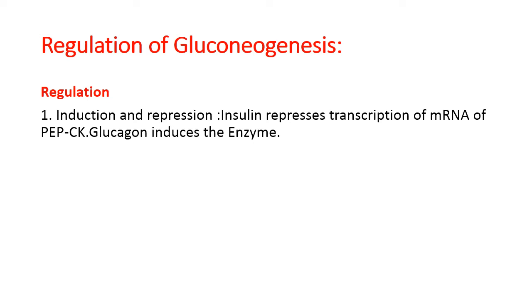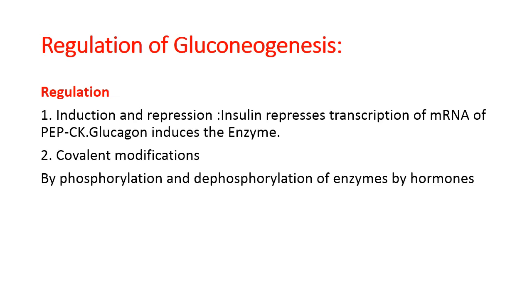That means it will try to taper down the glucose level in our blood. So it will repress the transcription of the messenger RNA of the phosphoenolpyruvate carboxykinase enzyme, which is the rate limiting enzyme of gluconeogenesis, while the antagonistic hormone, glucagon, will induce the mRNA of the same enzyme and increase its transcription.